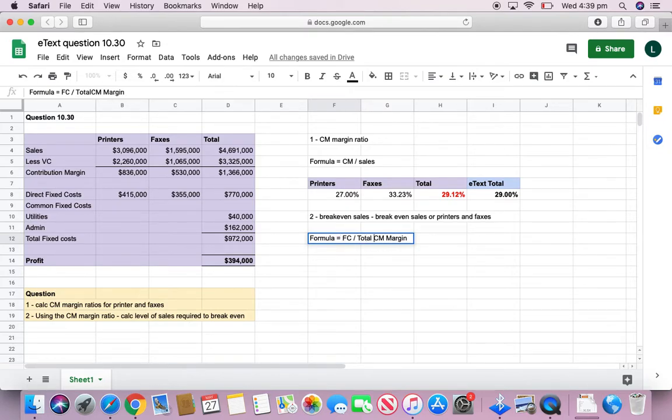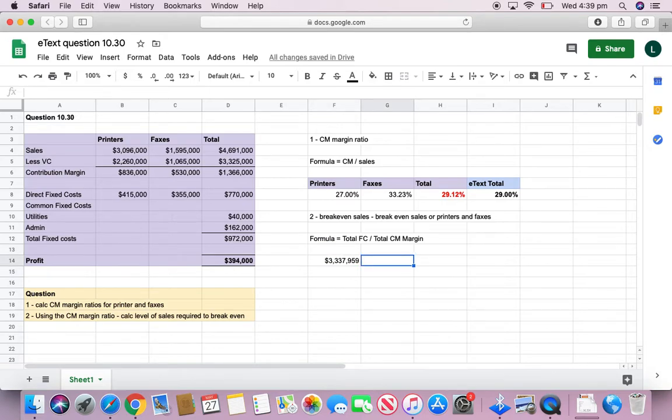So we're going to say total, and this is going to be total. This is our formula, how we are calculating the break-even sales. How do we do that? Watch my cursor. Equals 972 over total CM ratio. This is where I'm going to use my total. All right, there's our figure.